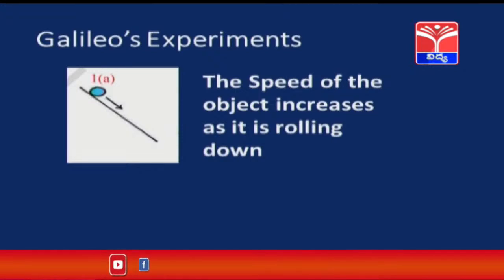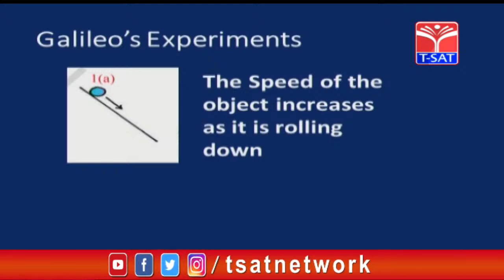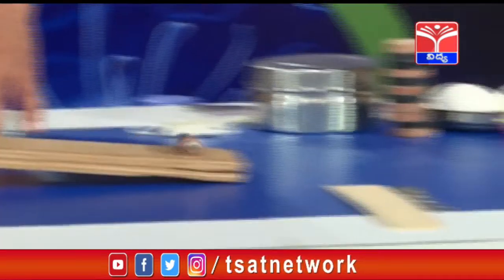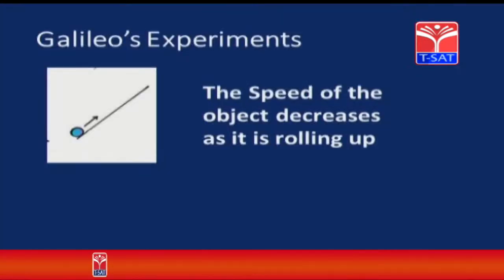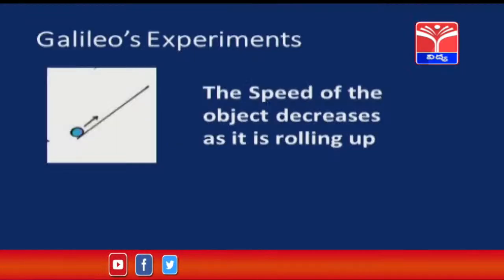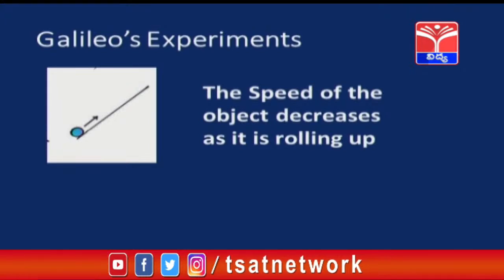He observed that the speed of the object increases as it is rolling down. Then he also did the experiment by rolling the object up the inclined plane. The speed of the object decreases as it is rolling up.